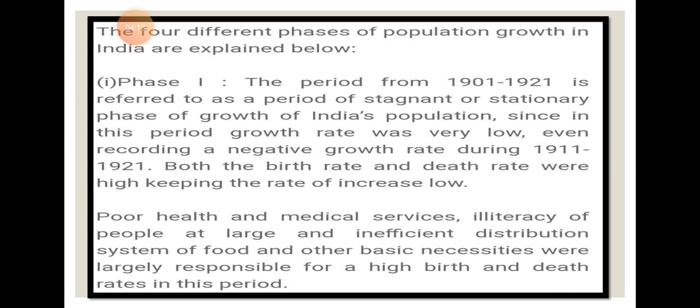That's why the growth rate was low: the birth rate was very high, but side by side, due to poor health facilities, poor medical facilities, illiteracy, and problems regarding food distribution and basic necessities, the death rate was also very high. That's why the population growth rate is very low in these years, and this stage is called the stationary or stagnant stage.